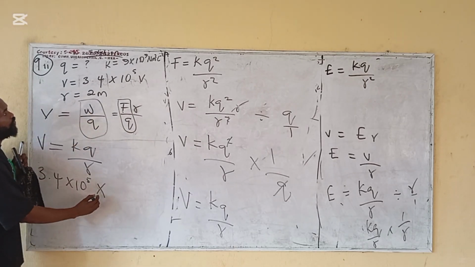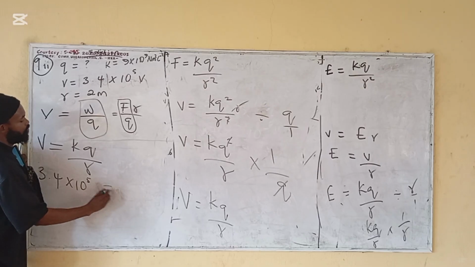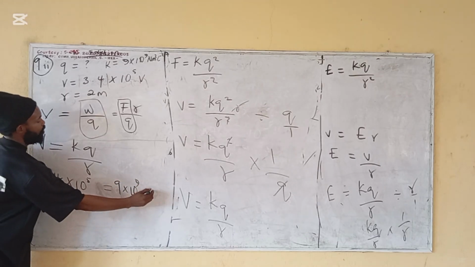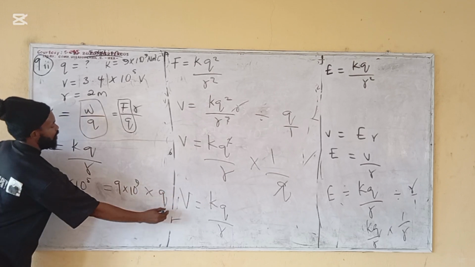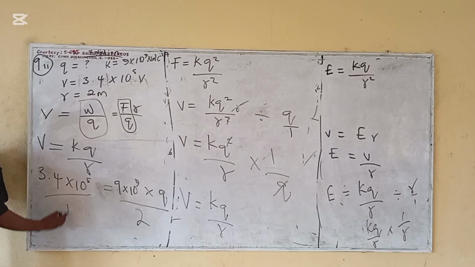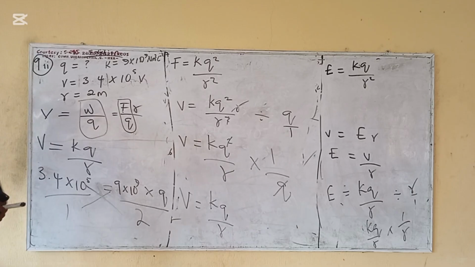Times Q. I don't know it. Equals 9 times 10 raised to the power 9, then I don't know Q, really? Yes. Then I will put in 2 meters. So if I cross multiply, can I claim?